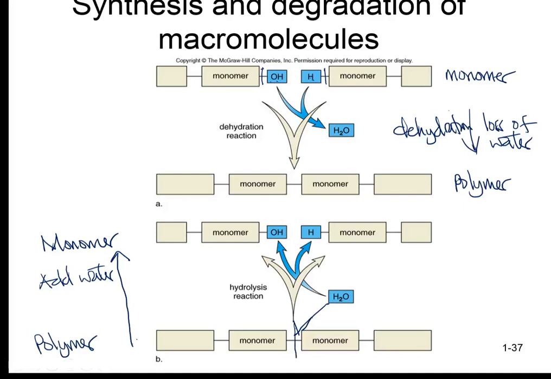So you are breaking the chemical bond here, you add OH this side and H this side, and you have two monomers. So this one is a polymer, this one is a monomer. So these two reactions are opposite to each other. Hydrolysis makes monomers. Dehydration makes polymers.